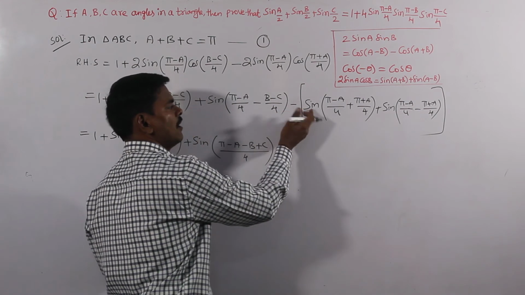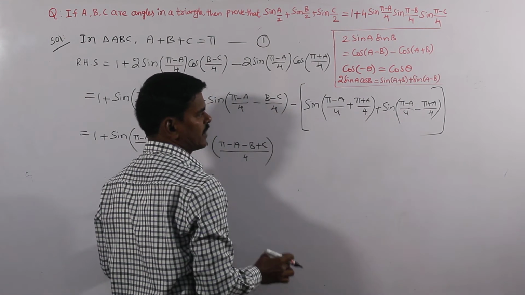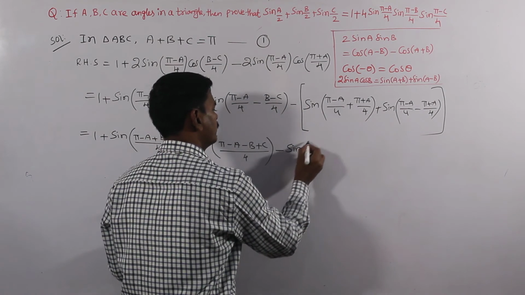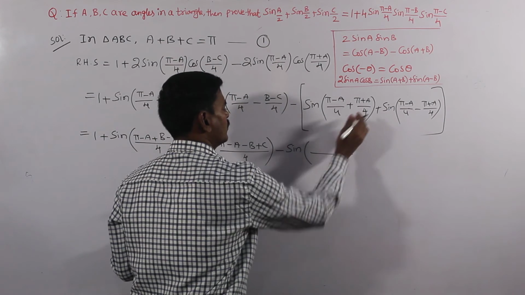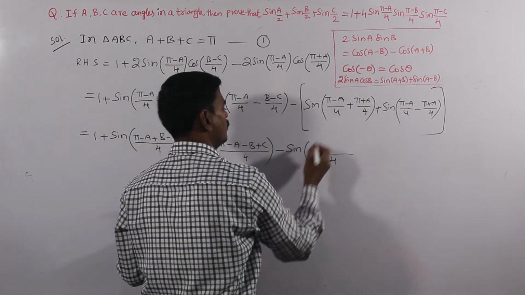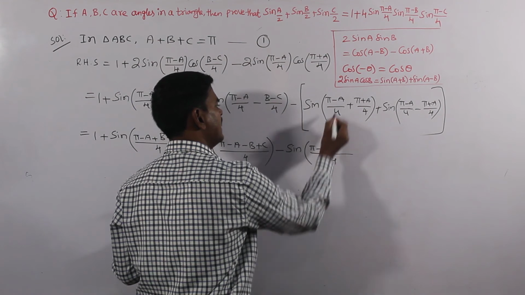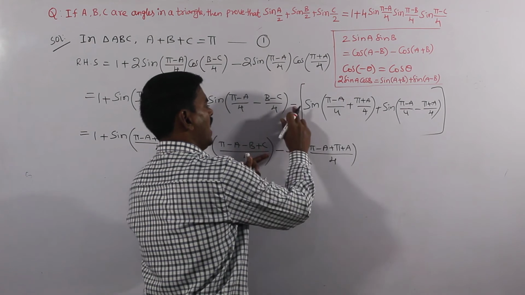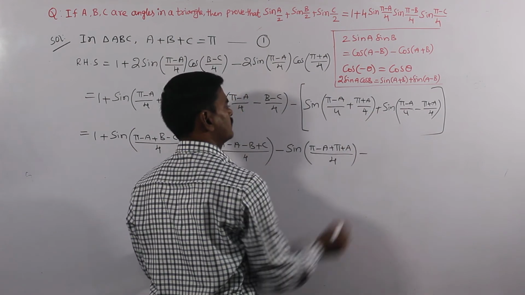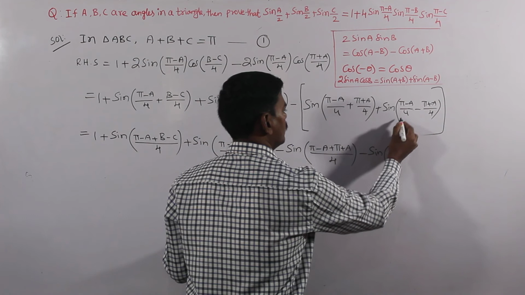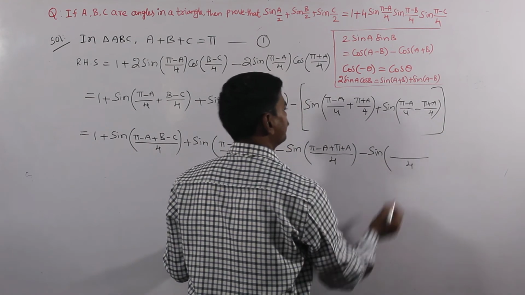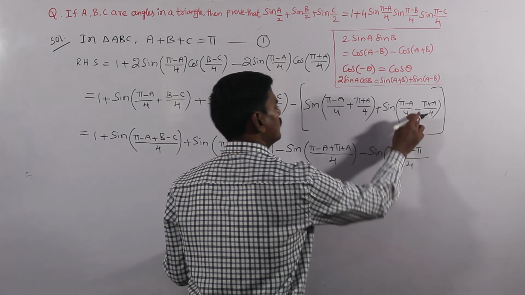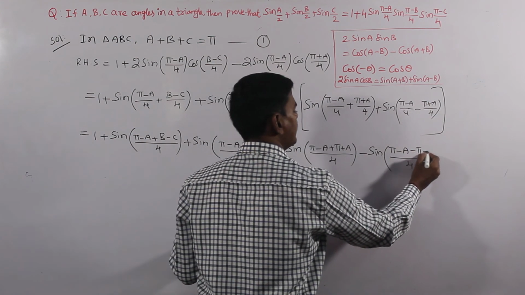Next, this minus is applicable for both the terms in the bracket. So minus into plus gives minus sine of, here the LCM is 4. Numerators can be added directly: pi minus a plus pi plus a. Minus into plus gives minus sine of, the LCM is 4, pi minus a minus pi, minus into plus gives minus a.